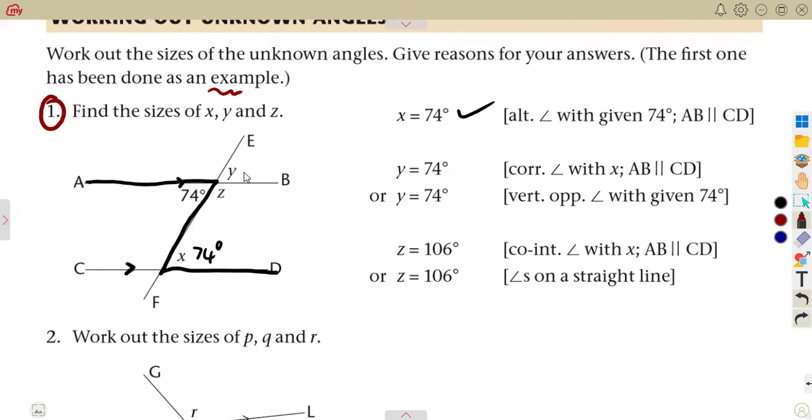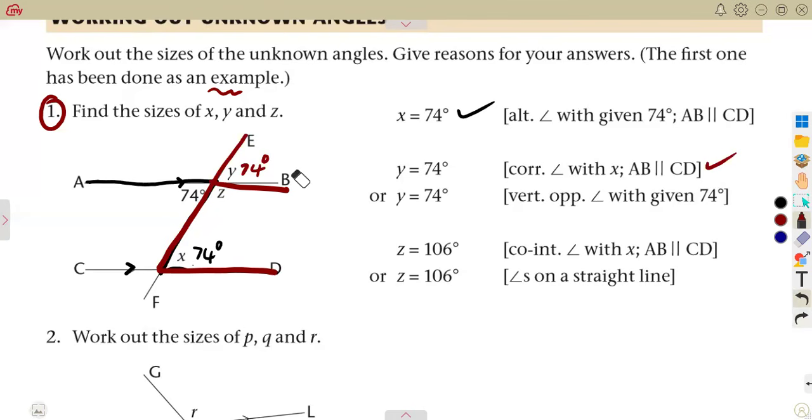With angle X, we can also find this angle Y here, where we are creating that F, even though it is just slanted like that. So remember your corresponding angles. We said one angle outside, another one inside. They are corresponding to each other. So if this is 74, this is going to be 74 degrees, corresponding angles. That is what you can have.